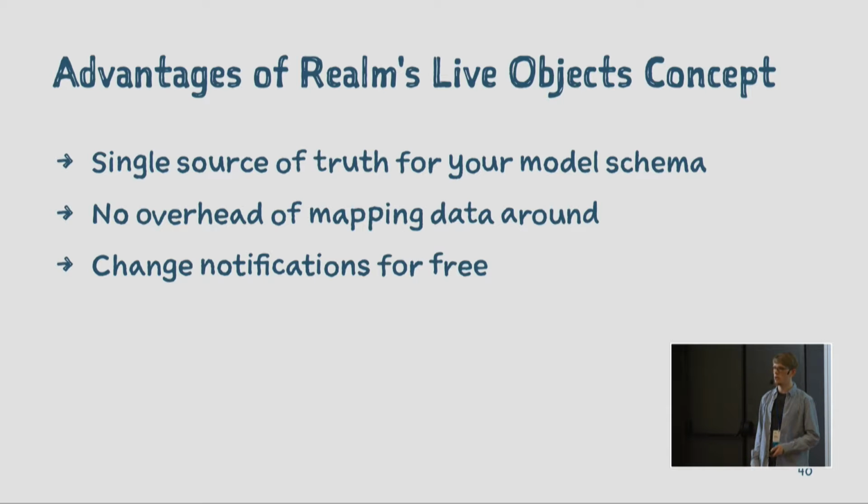And you don't have any overhead of mapping data around. This is ultimately done by the binding, or not even done. It happens via memory mapping, which is a big differentiation from ORMs, which could make that more convenient, but Realm is not an ORM, it's the binding.